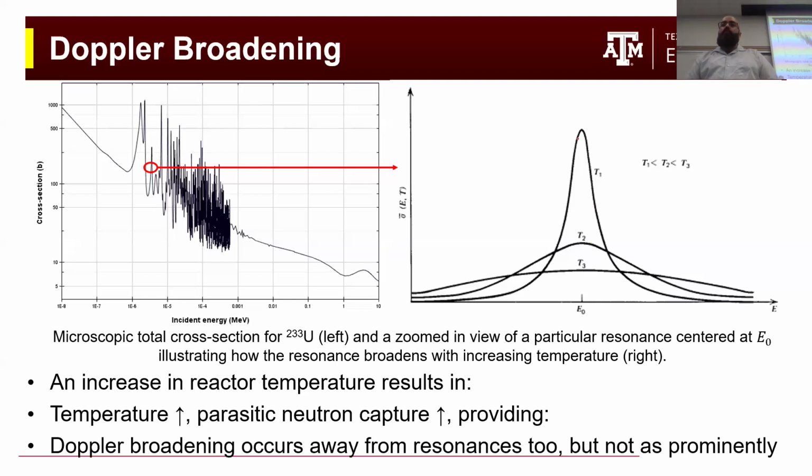The individual areas under these plots would be more or less the same, but you're spreading out that resonance. And so this phenomenon, where an increase in temperature causes these cross sections to broaden, is called Doppler broadening.